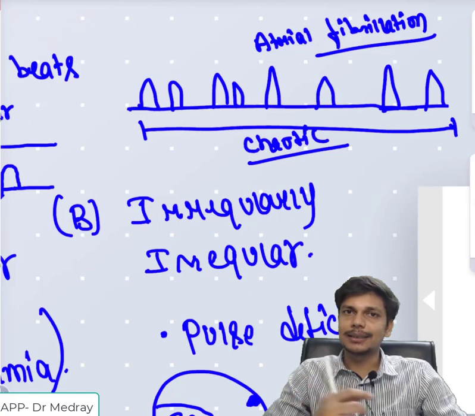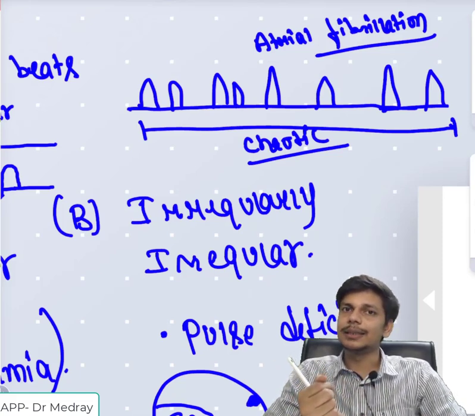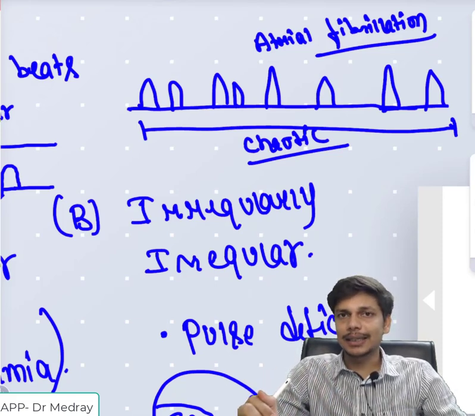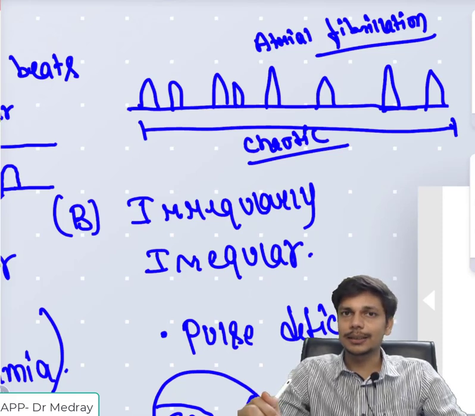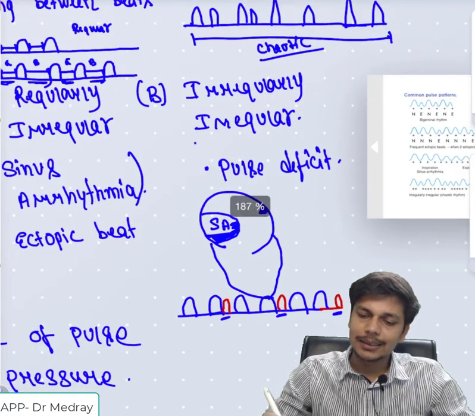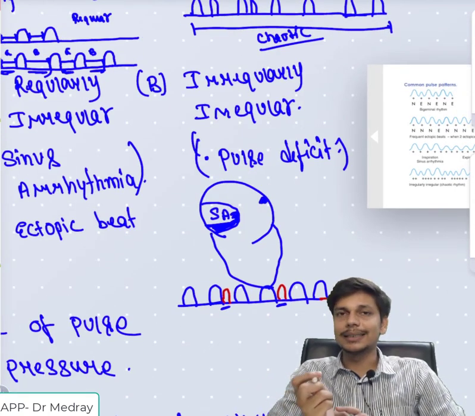Let's suppose the heart rate is 120 and the pulse rate is only 100. So there is a difference of 20, which is significant. If the difference is more than 10, then it is significant. This difference is termed a pulse deficit, which means the pulse is deficient.